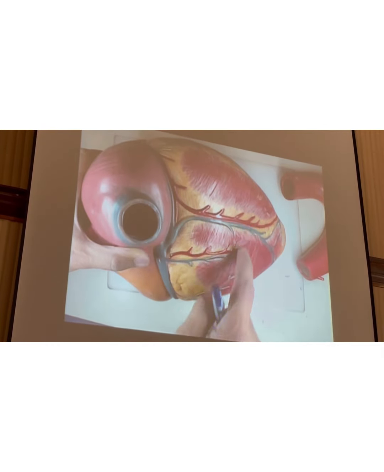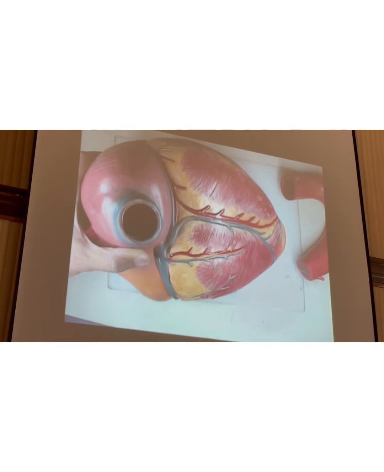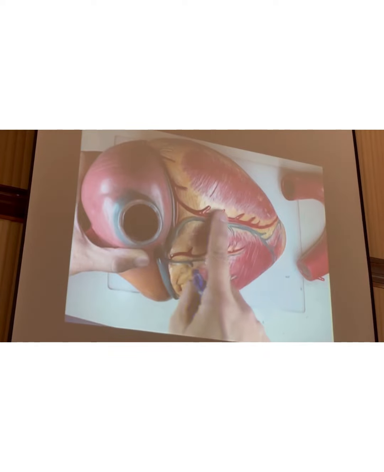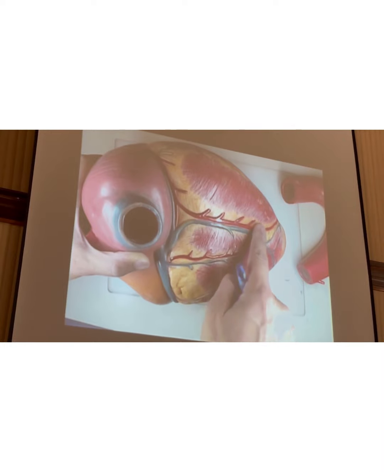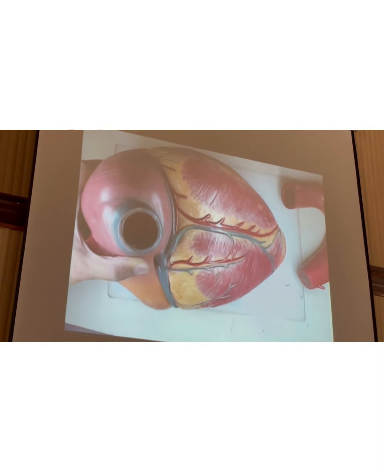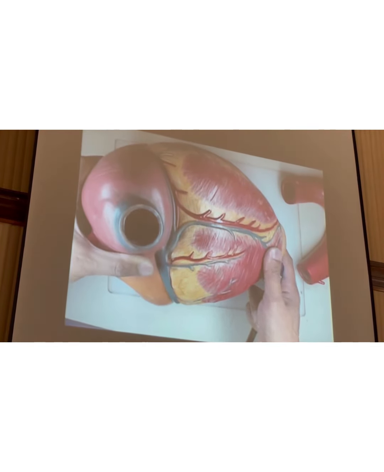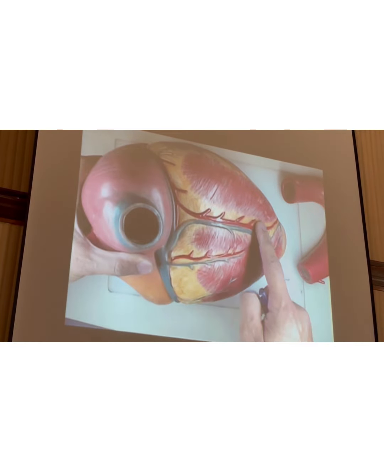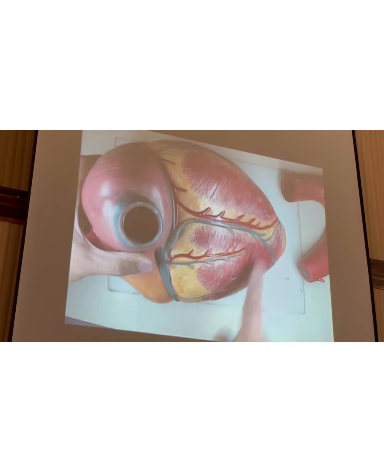We said this groove between the two ventricles is called the posterior interventricular groove, which marks the interventricular septum externally. So the continuation of the right coronary artery is the posterior interventricular artery, or the posterior descending artery, abbreviated PDA.